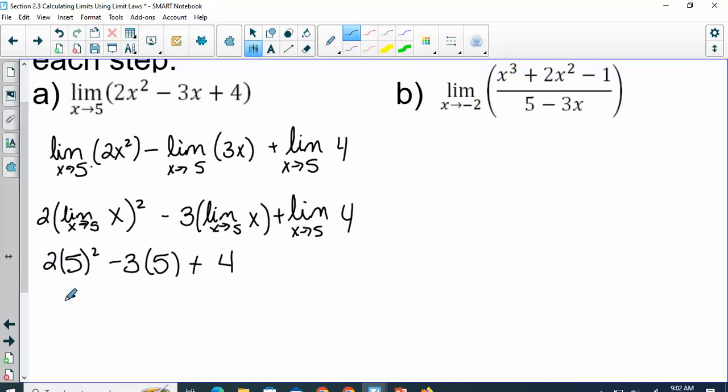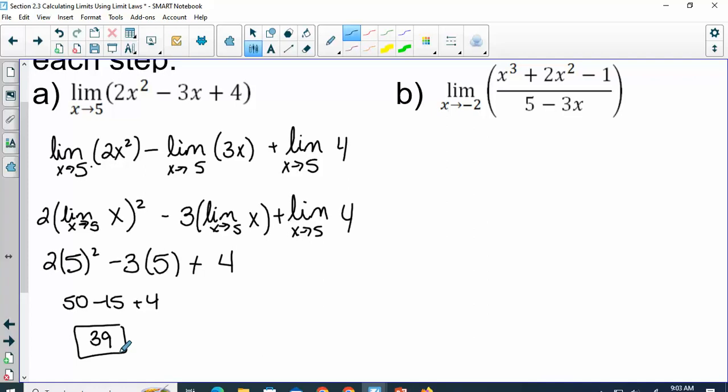So this is 50 minus 15 plus 4, and we get 39. A little bit of writing, but isn't that faster than making all those t-charts and plugging in numbers and seeing what happens? Yeah.